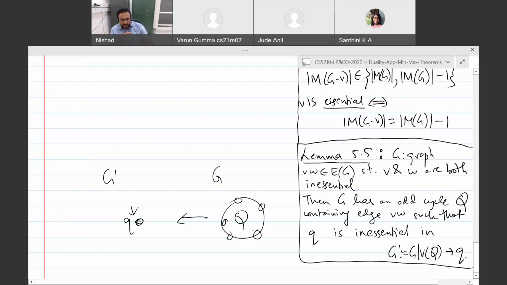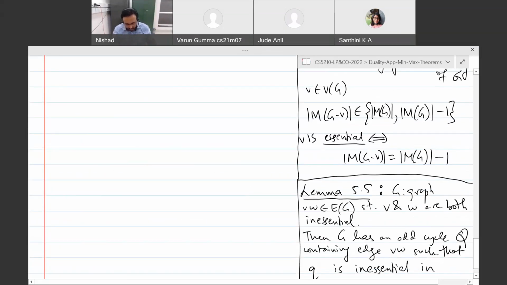For now, let us assume this lemma and prove the theorem, and then we will come and prove this lemma. Are there any questions regarding the lemma statement? If not, let us move to proving our theorem.